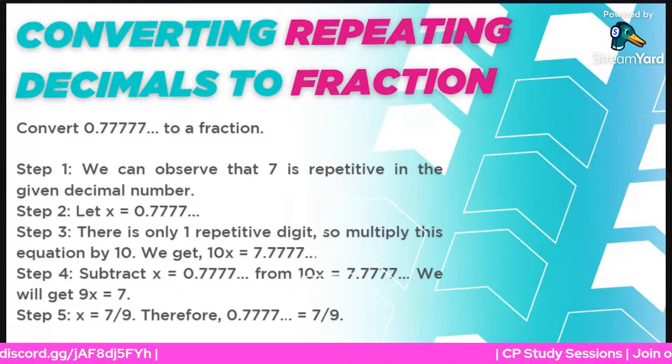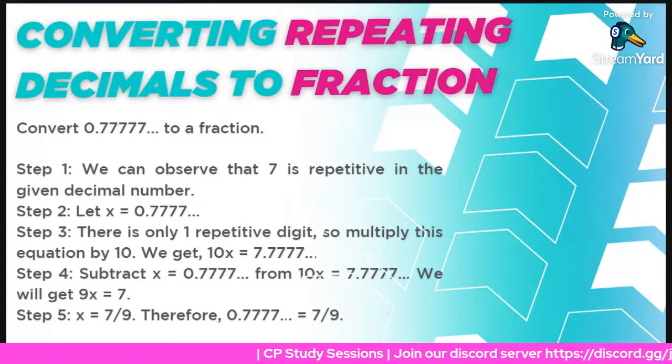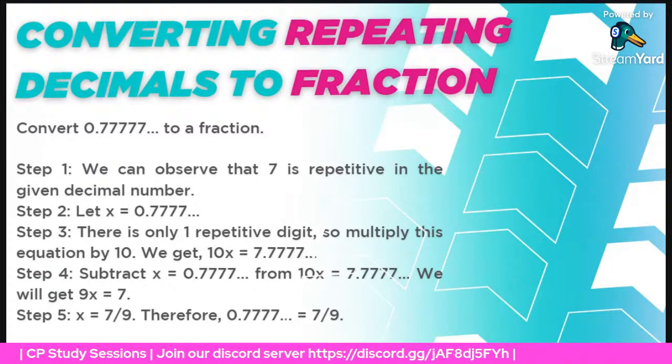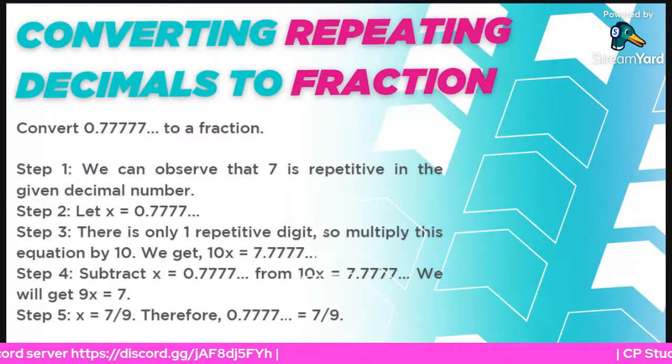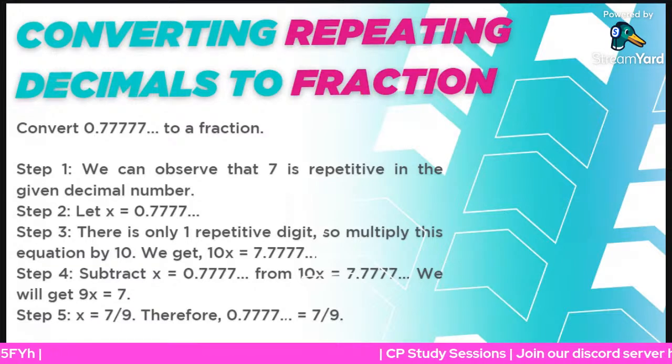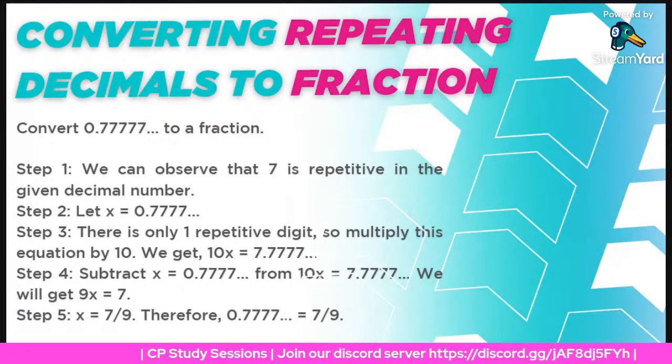So step 4, subtract x, which is 0.777 bar from 10x, which is equal to 7.777 bar. We will get 9x is equal to 7. So step 5, x is equal to 7 over 9. Therefore, 0.777 bar is equal to 7 over 9. Nagigets ba?